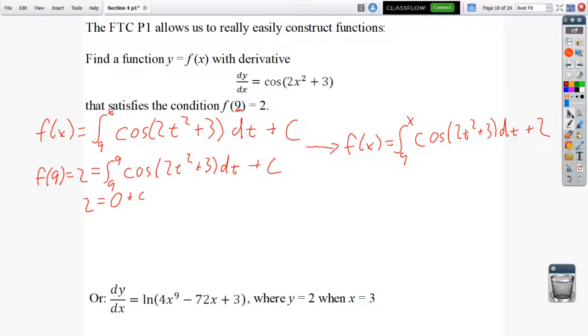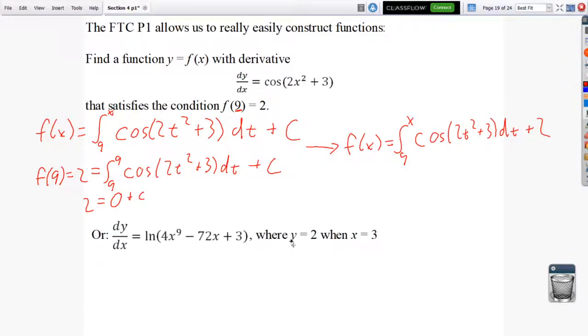Do you have to go through all of these steps over here every single time? No, of course not.